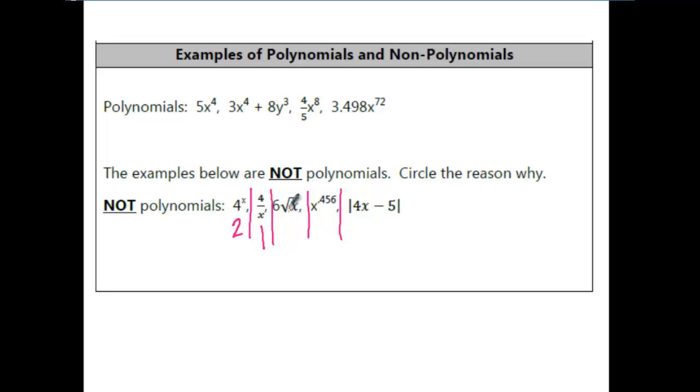This one has a square root of x, and that is reason number 3. This one has a 0.456. That's not a whole number. That's reason number 5. And then finally, this one has absolute values. That's reason number 4, why it can't be a polynomial.